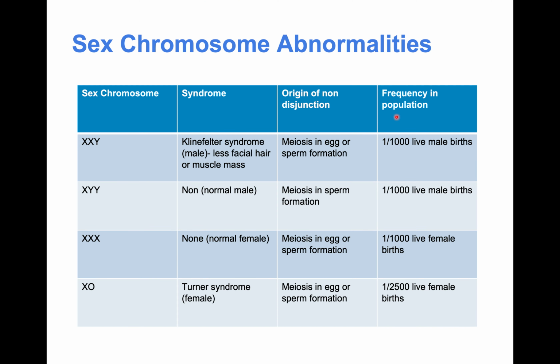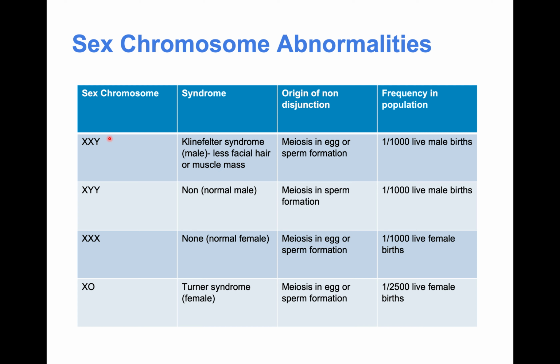Now, you can have trisomy of sex chromosomes as well. So chromosome 21 is a non-sex chromosome, but we have real life situations where there are sex chromosome abnormalities, and we have a number of them here. So for example, if the individual has 2 X chromosomes and a Y, the individual is male.